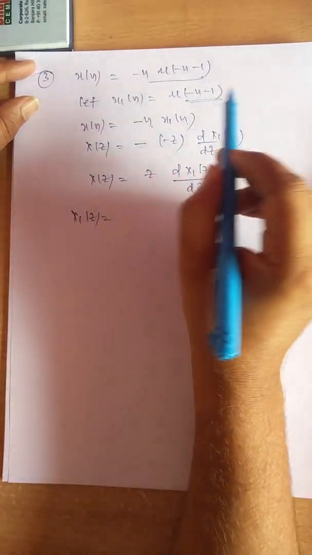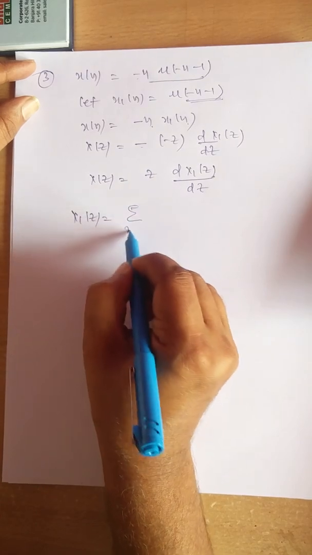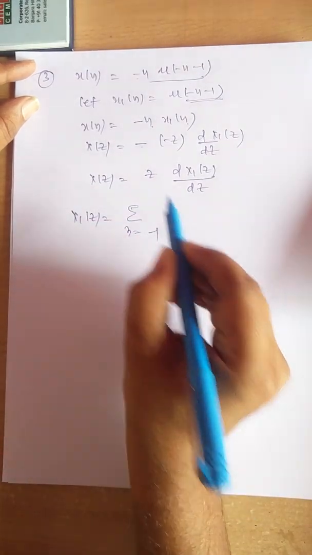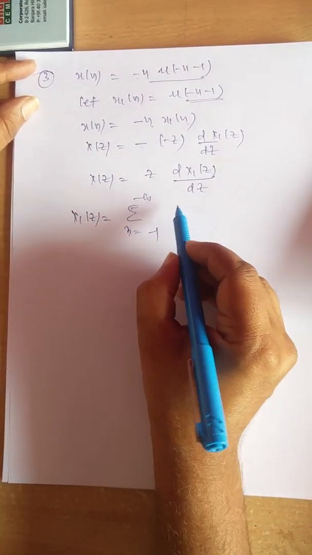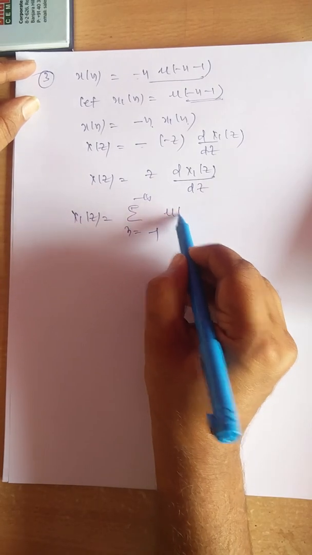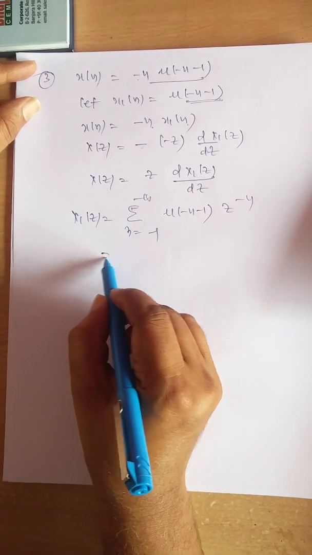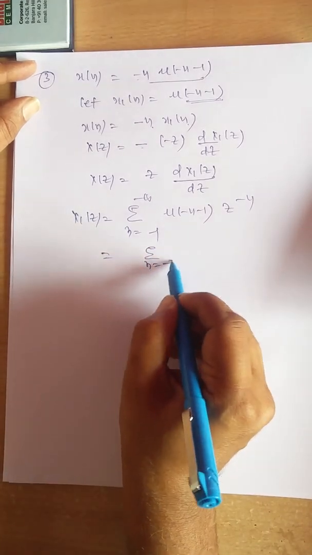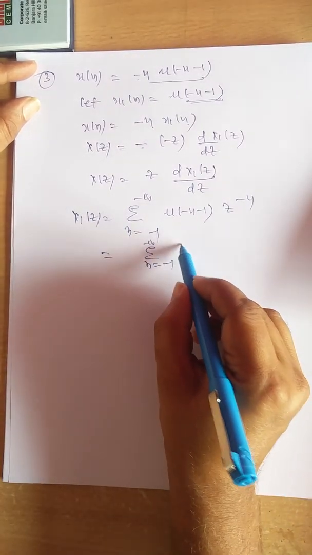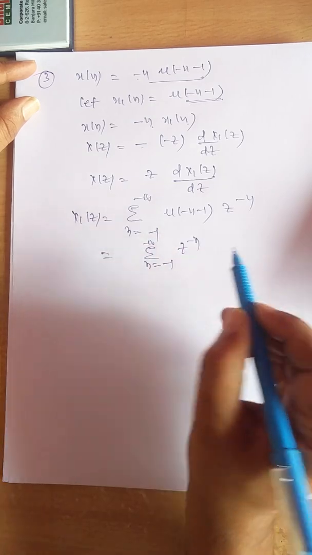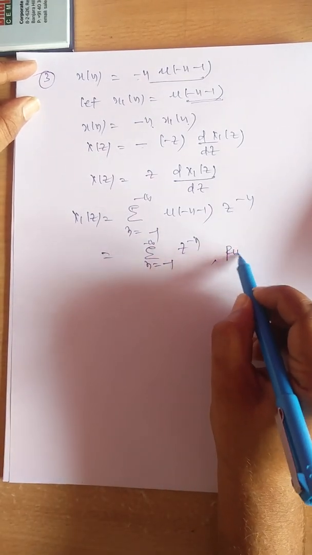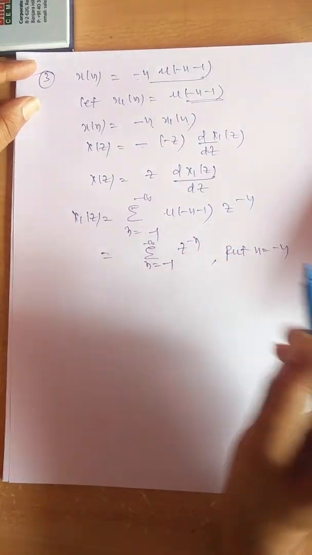The summation range is n from minus 1 to minus infinity. The value of u of minus n minus 1 is 1, so we get the summation for n from minus 1 to minus infinity of z to the power of minus n. In this equation, put n equal to minus n.